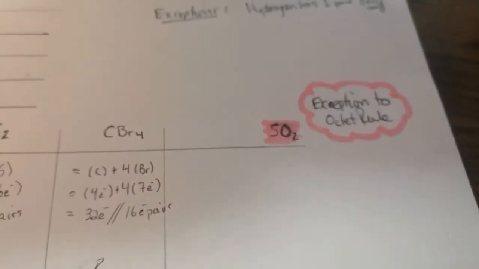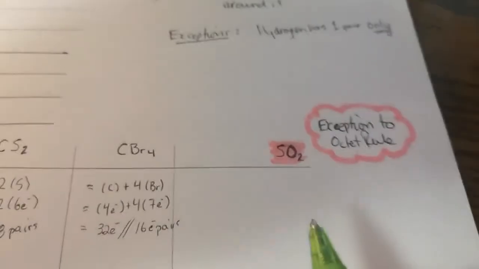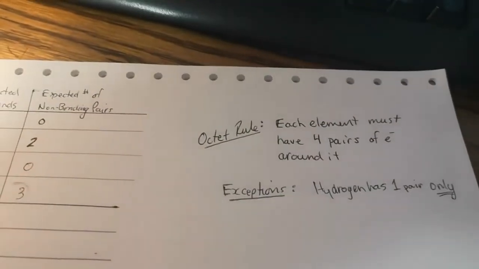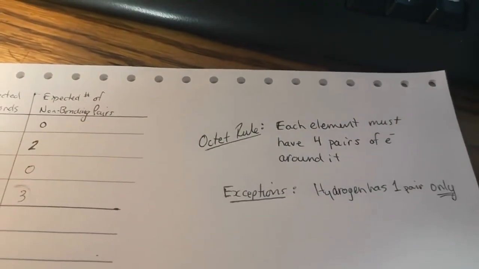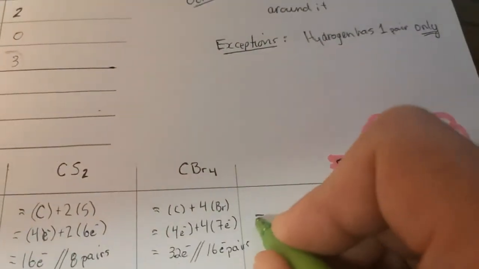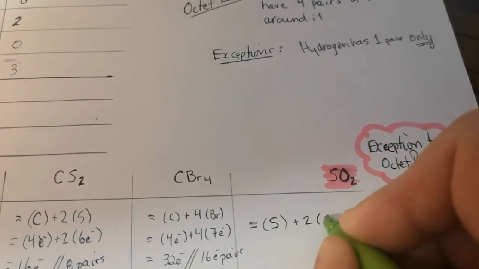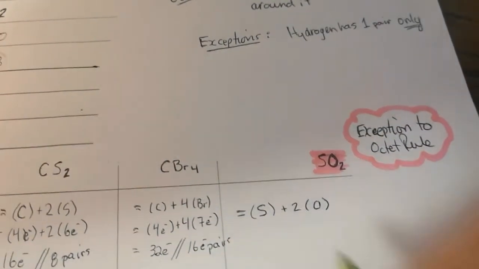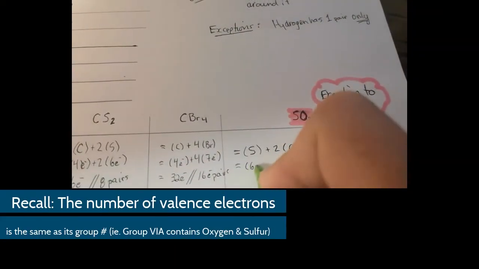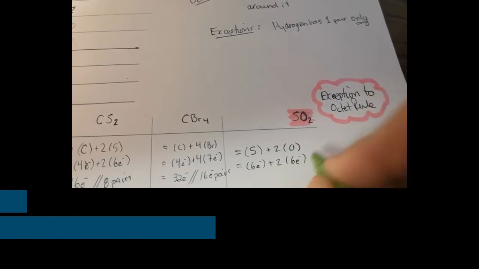Tricky one. SO2 is an exception to the octet rule. Our central atom, sulfur, will need to violate the octet rule and allow for more than 4 pairs of electrons around it. Let's see what that looks like. We have a sulfur, and we have 2 oxygen. Each sulfur contributes 6 electrons, and each oxygen also contributes 6 electrons.